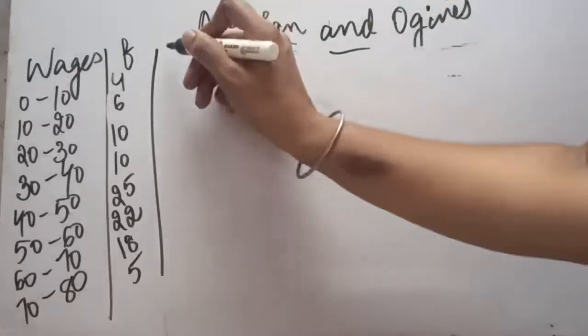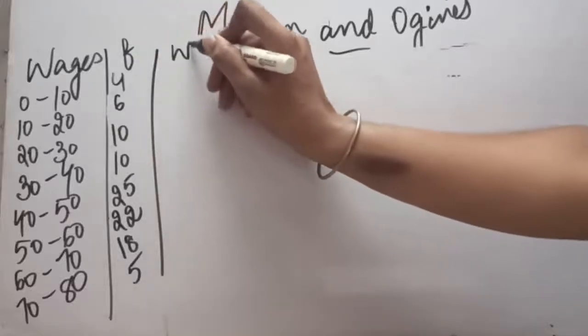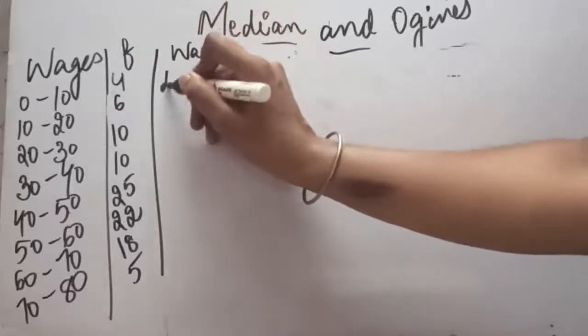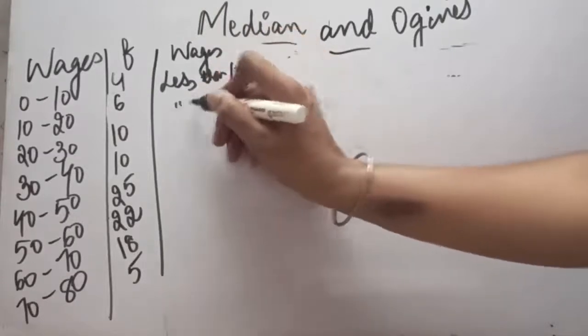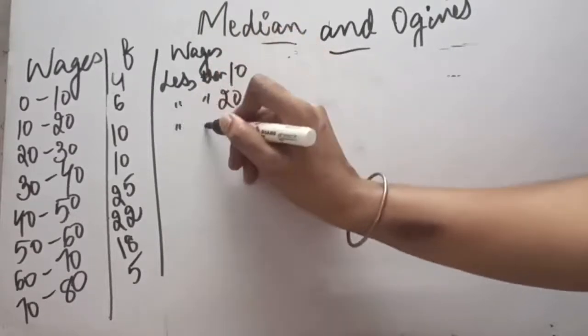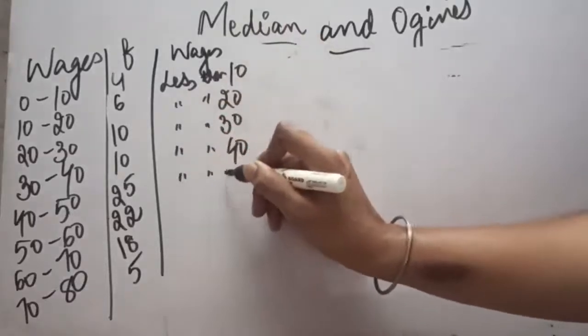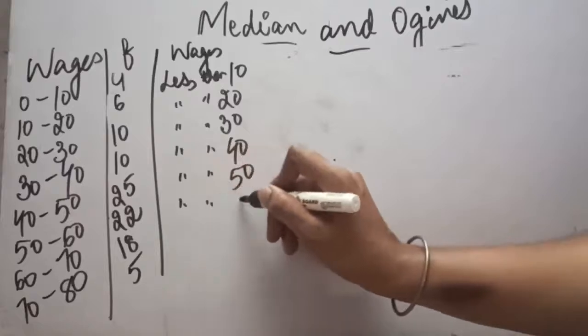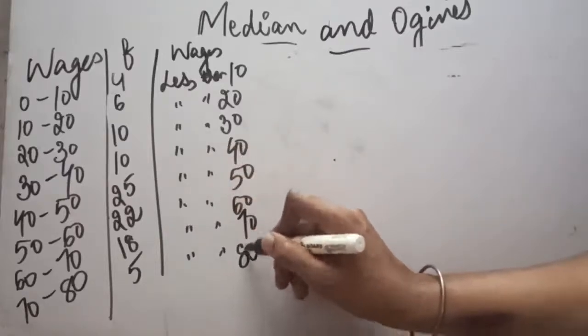So let us first start with the less than type of ogive. We will convert these wages into less than wages. So it will be less than 10. Just take the upper limits. Less than 20, less than 30, less than 40, 50, 60, 70 and 80.